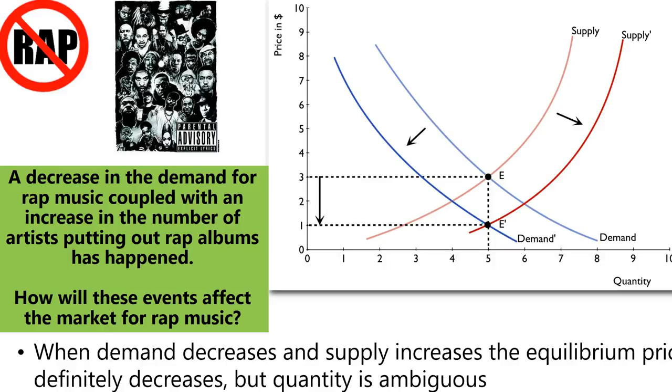And what I'm going to say is when demand decreases and supply increases, the equilibrium price definitely decreases, but quantity is ambiguous. No matter how I draw this, my new equilibrium point will be lower than my original one as price, but it may jump back and forth around on quantity depending on how many rap artists think that they have talent or how few people want to purchase that rap music.